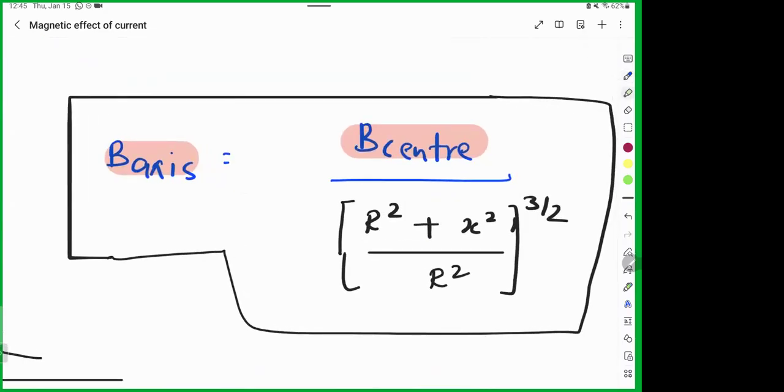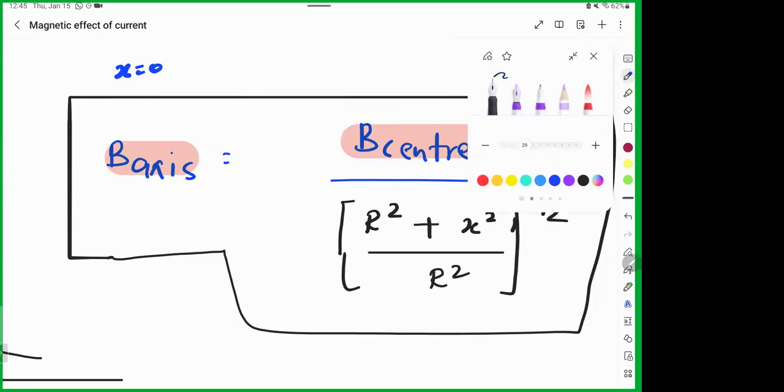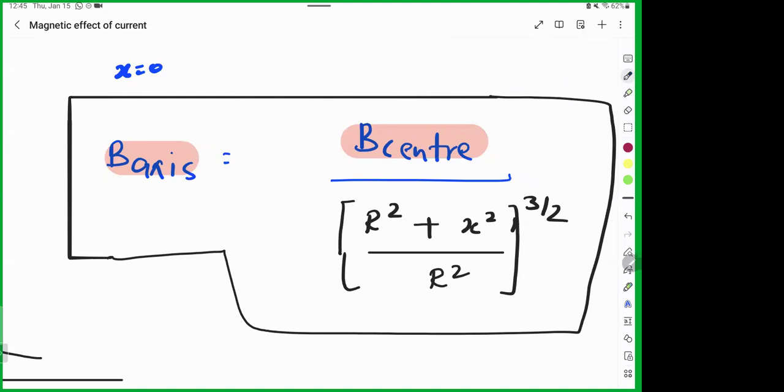So what is happening here? For example, if you take x value 0, the whole denominator will be r square, so r square divided by r square whole 3 by 2, and this will be equal to 1.